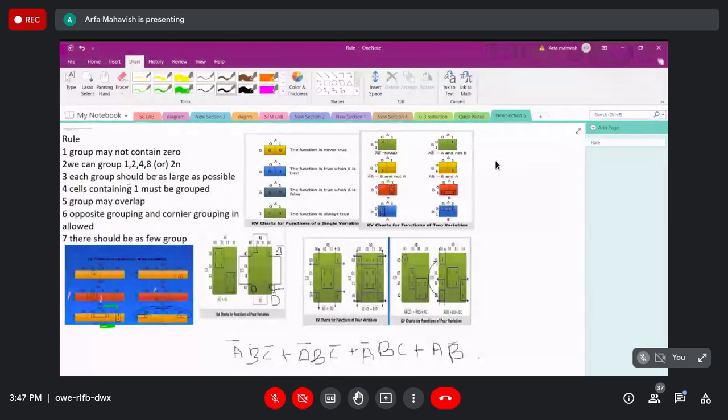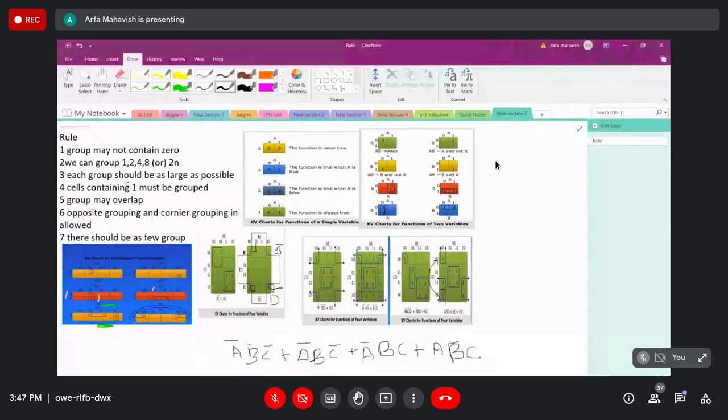Okay guys, this is the logical expression. Just solve this expression, you will find these types of expressions. Show me what result you are getting. Convert this expression into the KV chart. In this expression there are three variables, and for three variables it means 2 power 3.